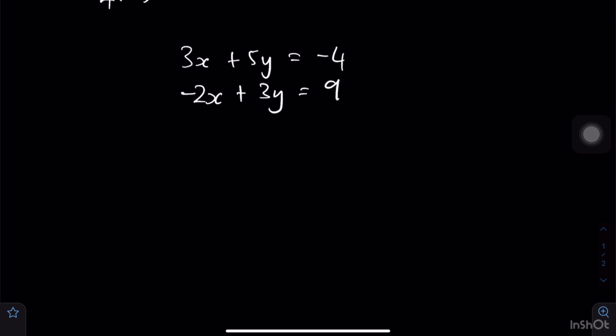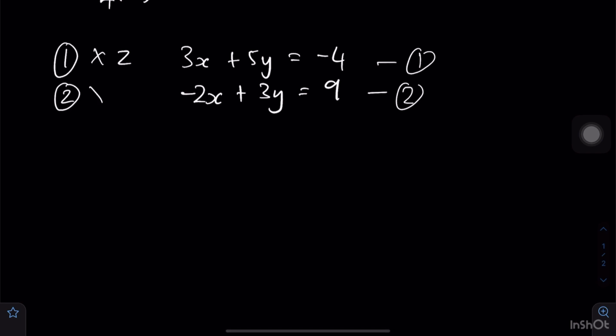We can times the first equation by 2 and the second equation by 3, and then we get 6x for the first x term. That's what we'll do right now. So we'll times equation 1 by 2, and equation 2 by 3.